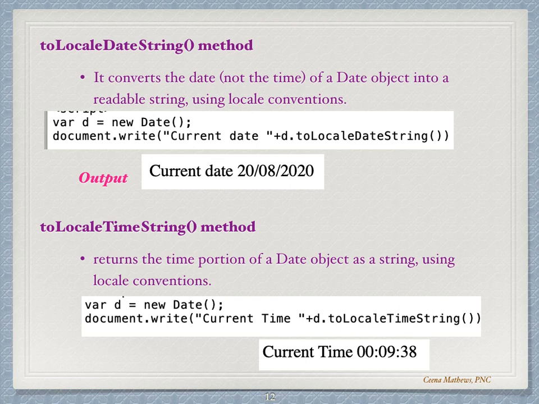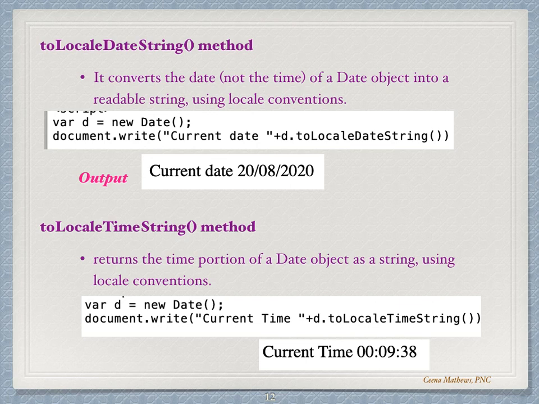In the example, d represents the current date and time, and from this current date and time I am going to use only the date. That is done using d.toLocaleDateString. So you can see in the output it extracts only the date portion of the current date and time, which is represented by d.